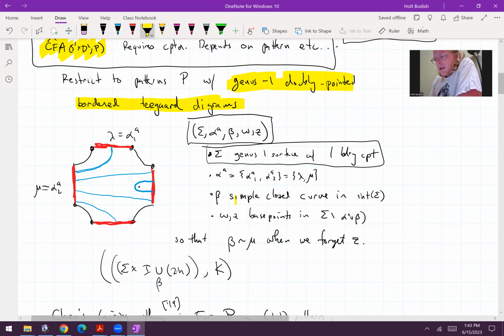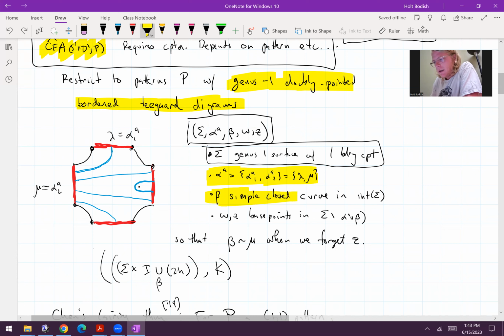The alpha arcs, for us, we can just think about them as copies of the meridian and the longitude. So the alpha 1 arc is the longitude, and I've drawn that here horizontally in red, and the alpha 2 arc is the meridian. I've drawn that vertically in red.